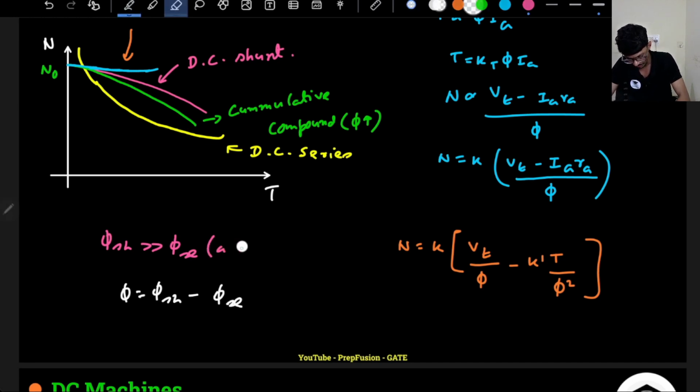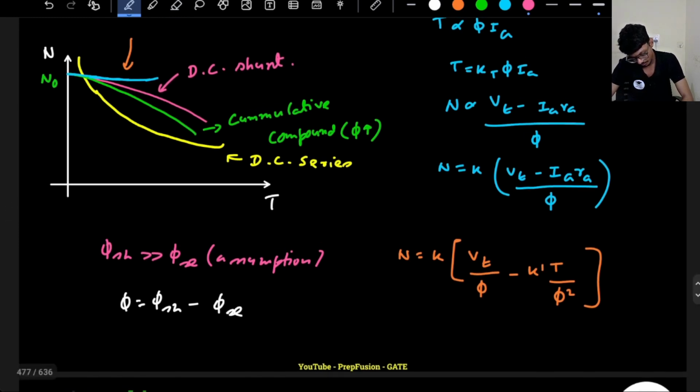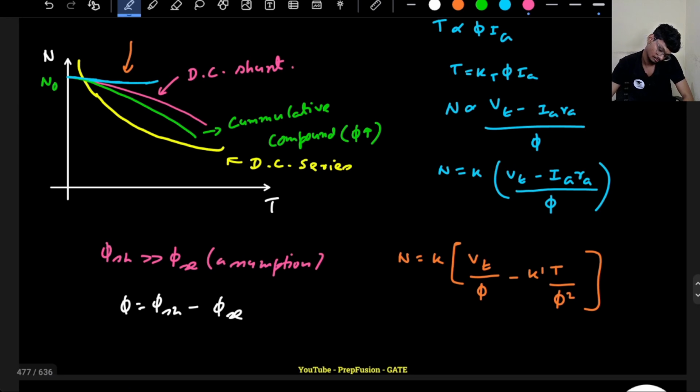For that only we will derive our expressions. Mainly that is the practical case as well. So in that case, this will keep on reducing after a certain point. Basically my flux will be saturated after a certain point.